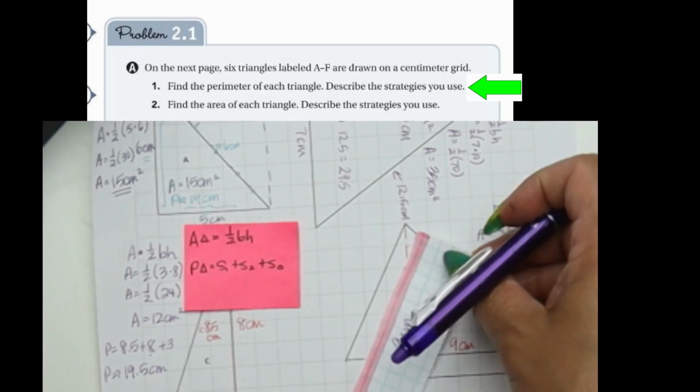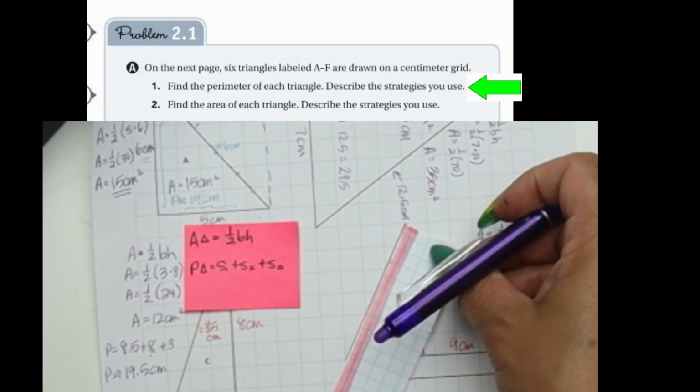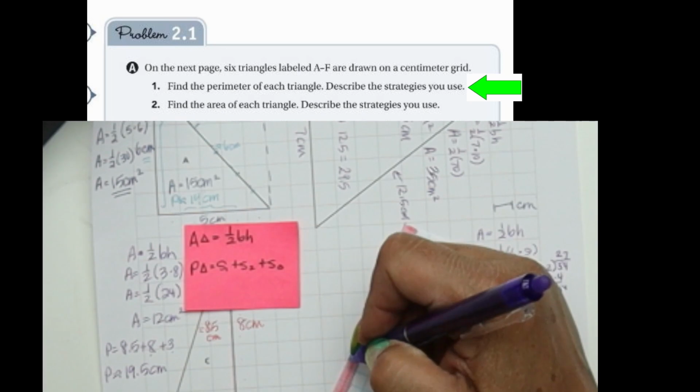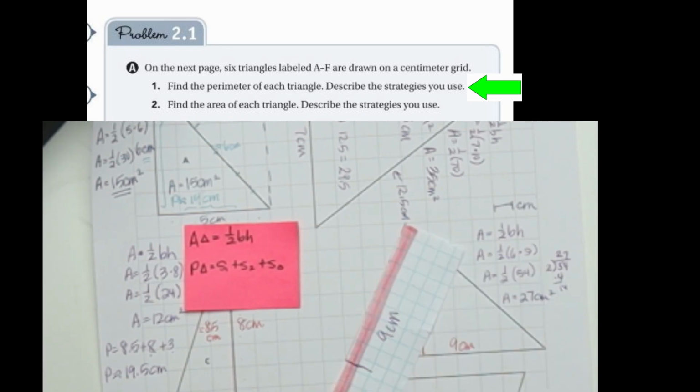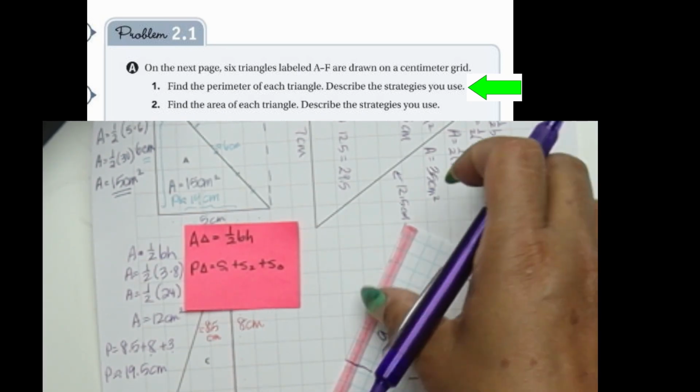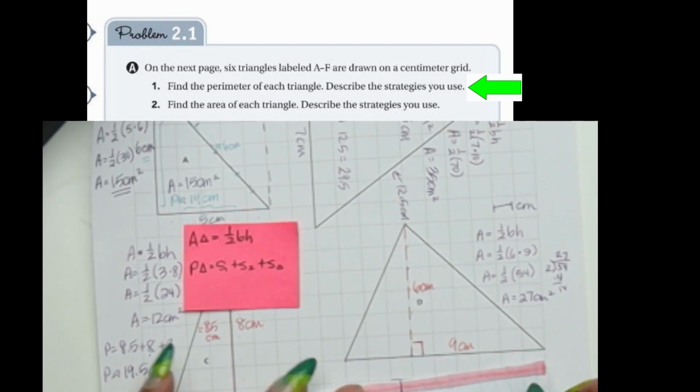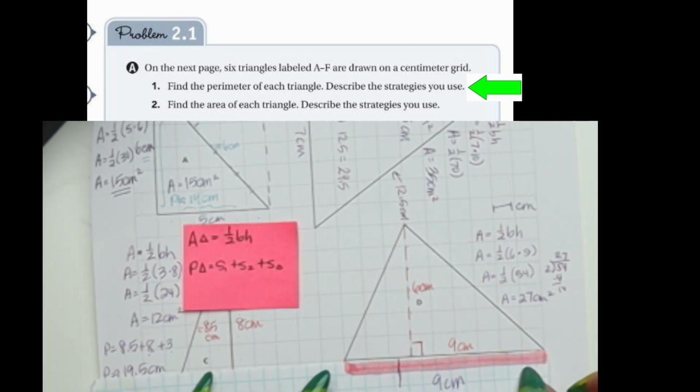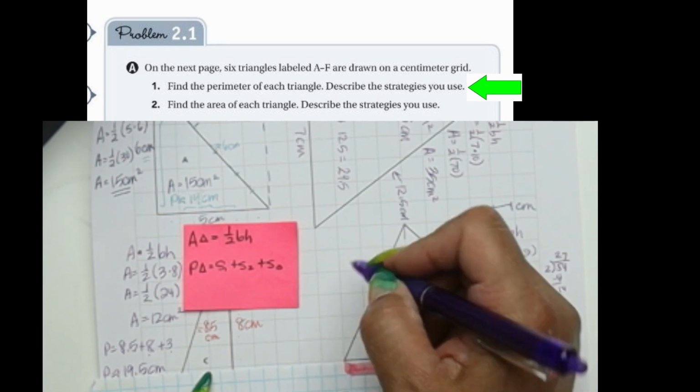So I'm going to measure it. Ooh, it's less than. So it's right here. So I have to find out what that distance is, and I'm going to go back here to find out where it is. So it's 1, 2, 3, 4, 5, 6.5 right here. So this is 6.5.